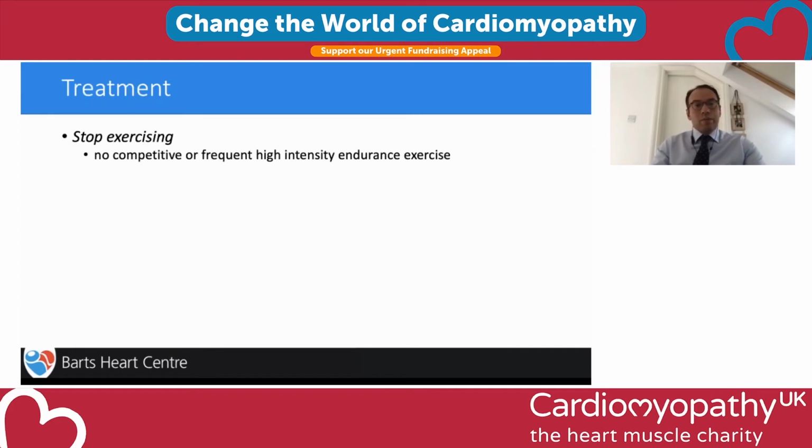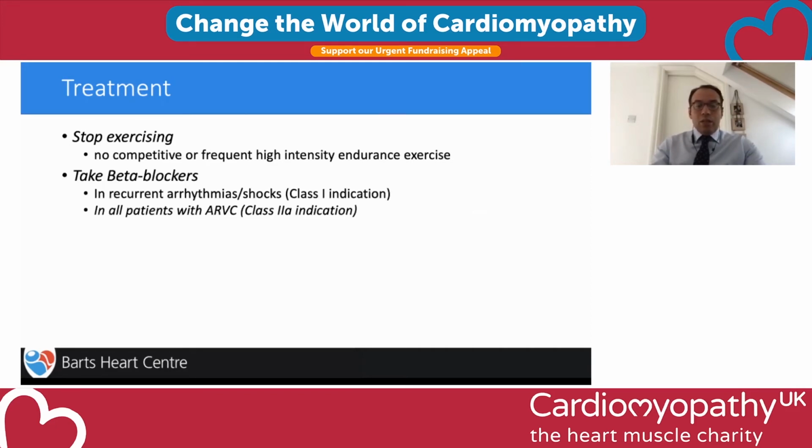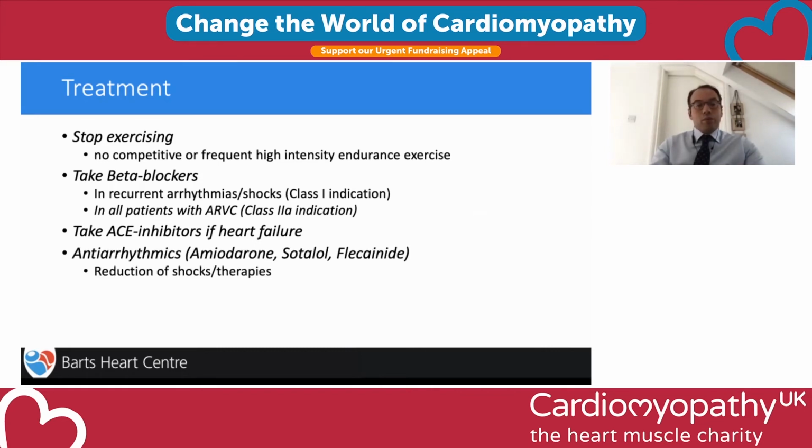This is the combined approach of endocardial and epicardial ablation, with significant improvement in the arrhythmic events. So just to summarize the treatment: it's important to stop exercising, with no competitive or frequent high intensity endurance exercise. Take beta blockers, which are a mainstay of the therapy to reduce the arrhythmias, but also the ICD interventions. Take ACE inhibitors if there's heart failure progression.